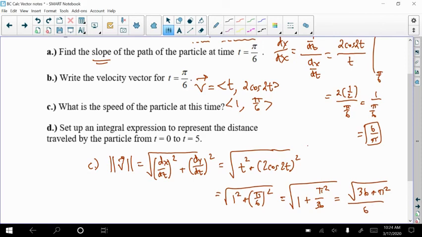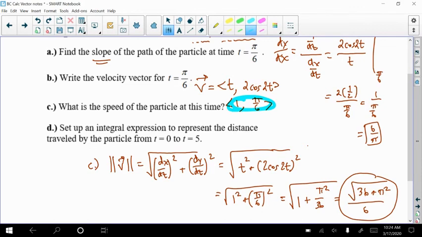But that is the speed. Now, this is a scalar. In other words, it's not a vector. It doesn't have two components, but the vector that I started with, 1 comma pi/6, does represent the velocity at that instant.